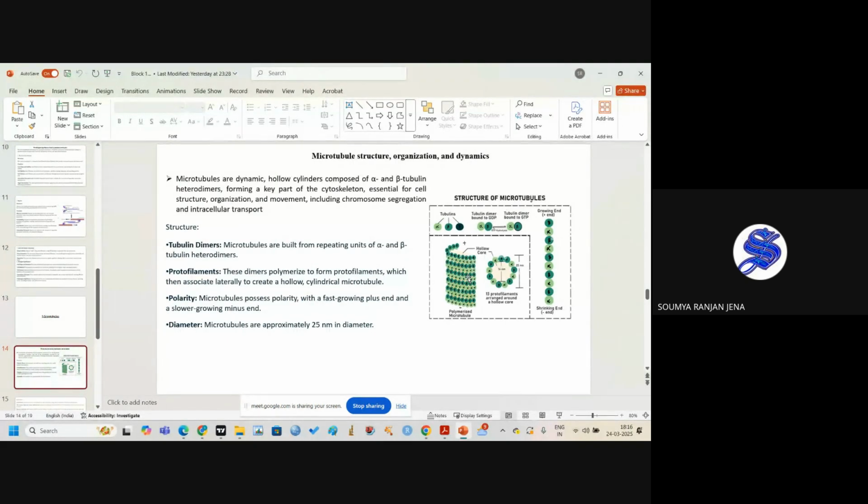For example, as we know, in ploidy of chromosomes, like Down syndrome, there is an extra or a missing chromosome: 46 becomes 47 or 45. If the microtubule structure is damaged, this will cause 46 or 47, different numbers of chromosomes.